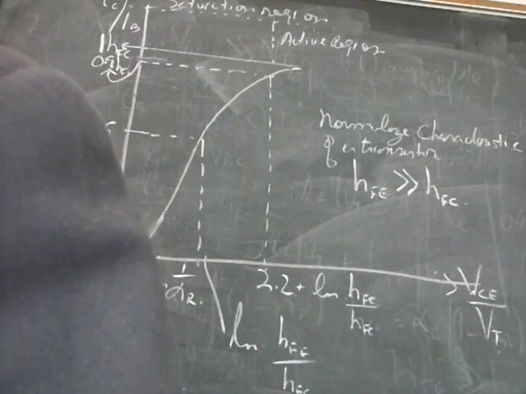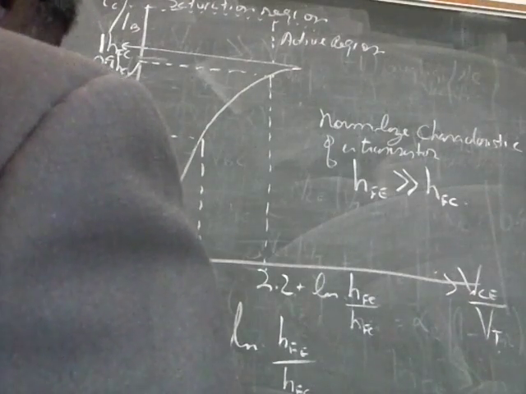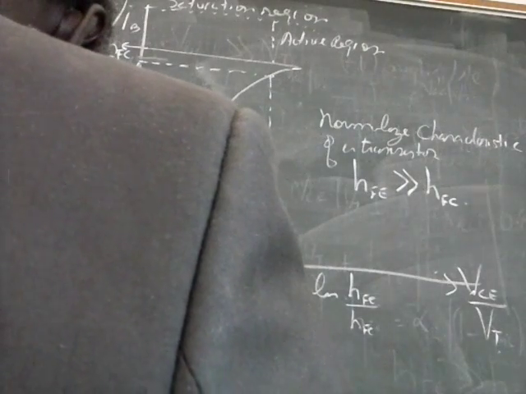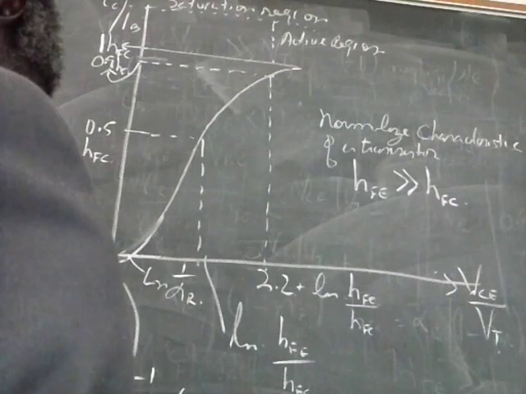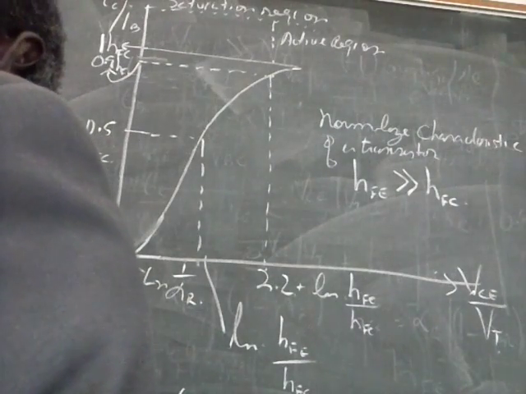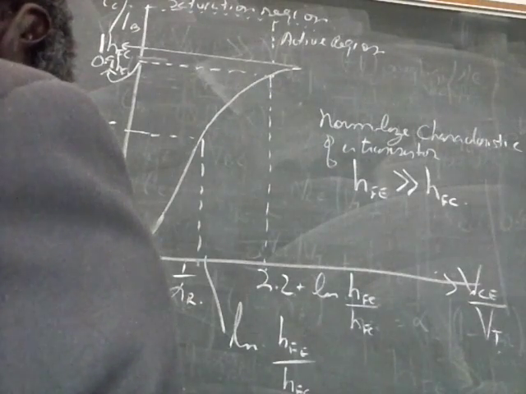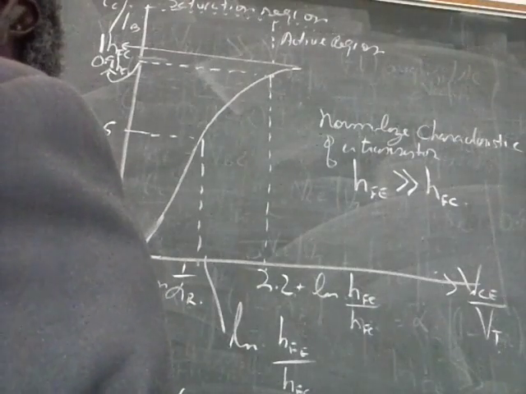IC over IB is equal to 9.9. Then, if we find that VC is approximately equal to 0.18 volts rather than the 0.1 volts which we assumed in the example, and if we recalculate, we find that IC is approximately equal to 9.8 milliamps.